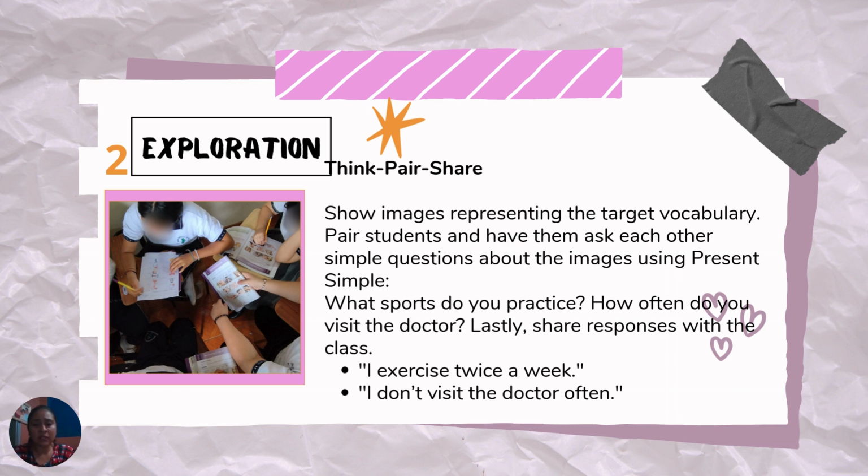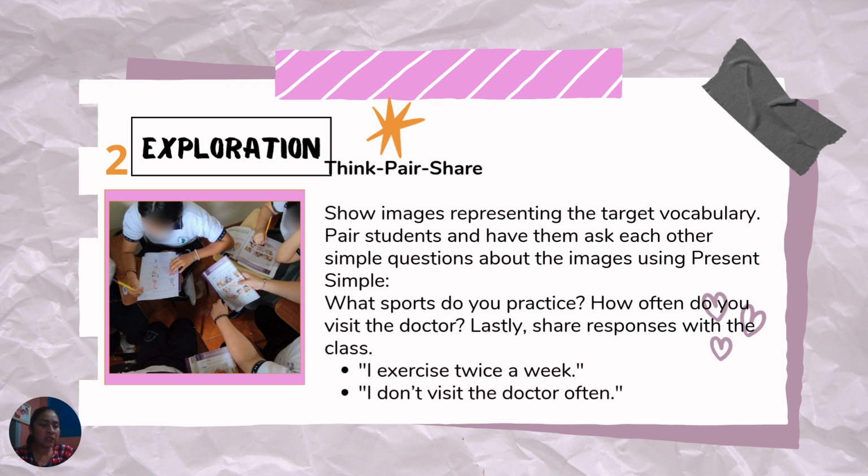In pairs, the students are going to ask each other simple questions in simple present according to the images. For example, they are going to ask one student to the other, what sports do you practice? How often do you visit the doctor? Lastly, or at the end, they are going to share their responses with the class.